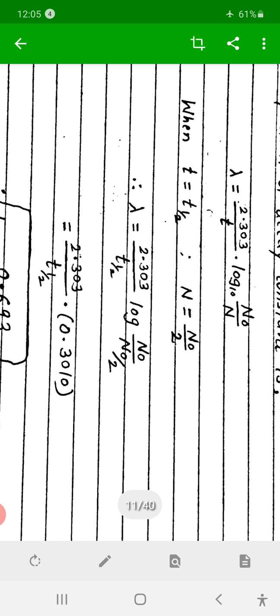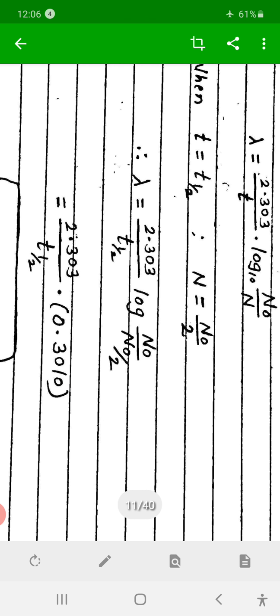N0 is the initial amount considered; to become its half means N0 upon 2. How much time is required? That is known as t half, t base to half. When we replace t with t half, N becomes N0 upon 2, that is half of its original amount.